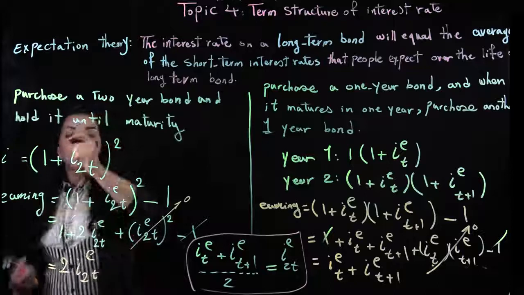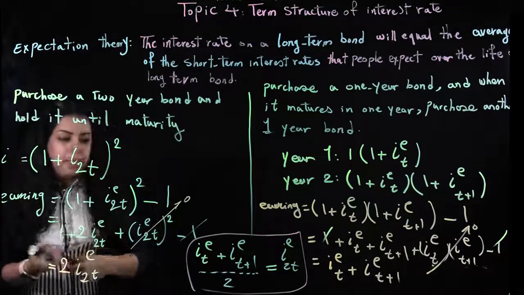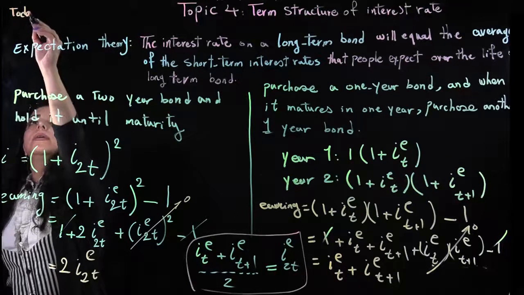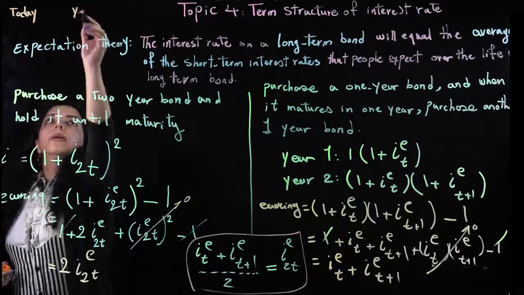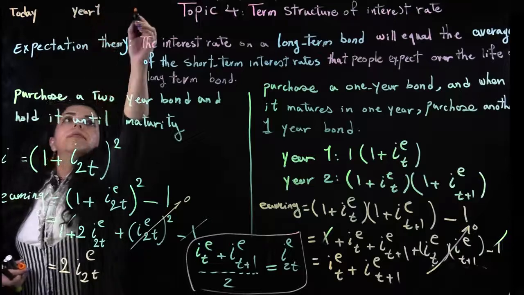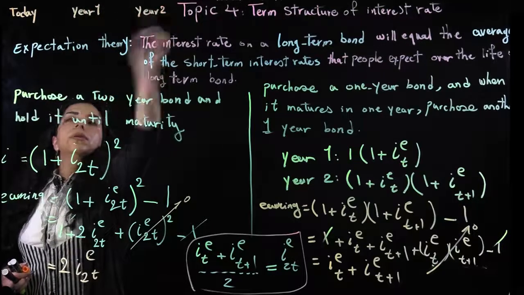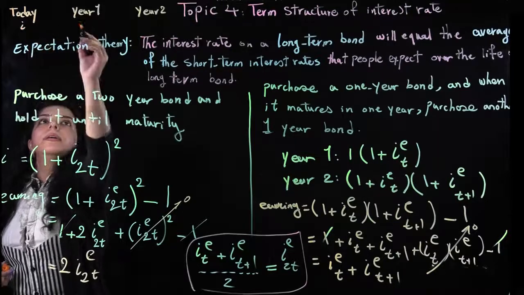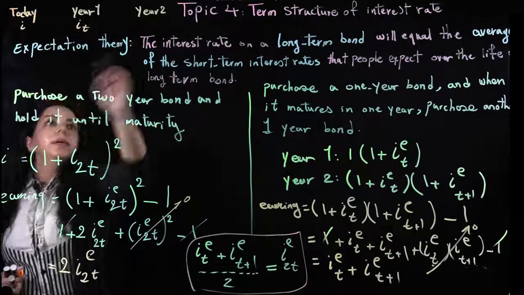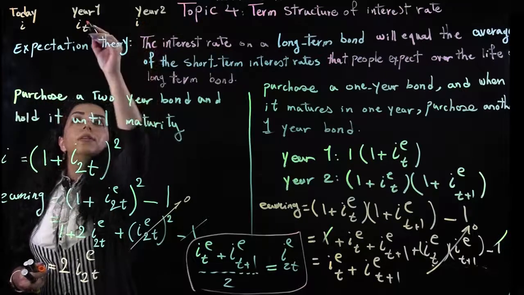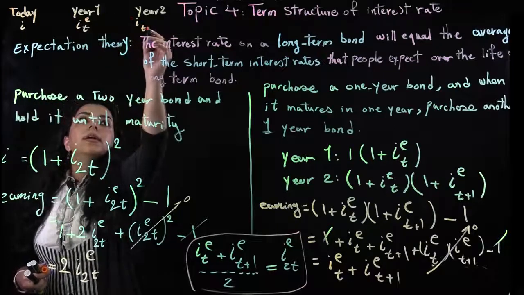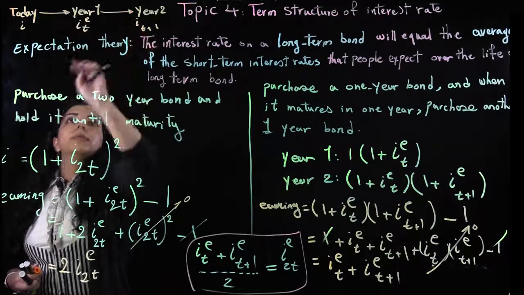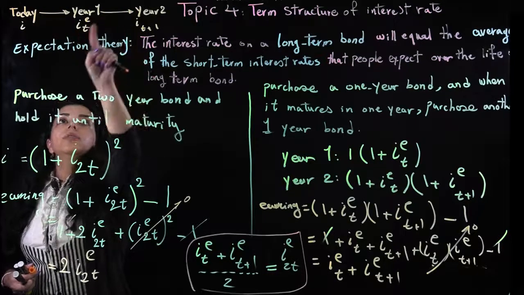If I want to show it, I can draw it like this: here is today, then we have year 1, then we have year 2. Here the interest rate, for example, is i_t, and here the expected short-term interest rate is i_{t+1}, because here is 1 year, then we move to another 1 year. So these are the short-term interest rates.